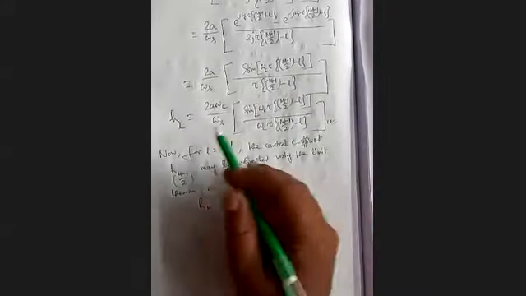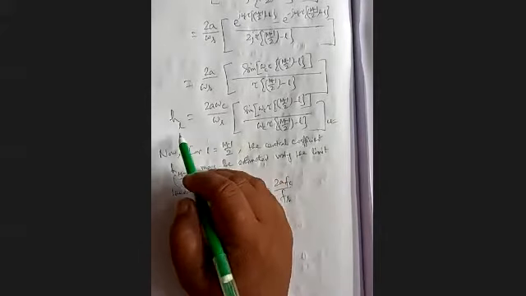Once we know this, all other values will be found by putting different values of L equal to 0, 1, 2, all such things.